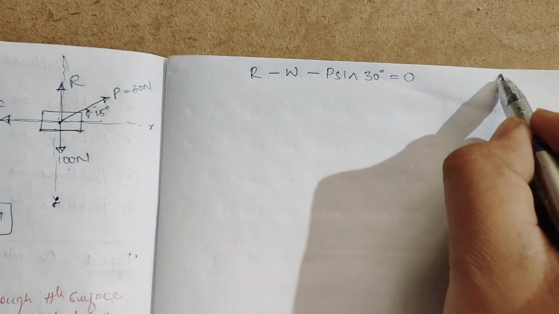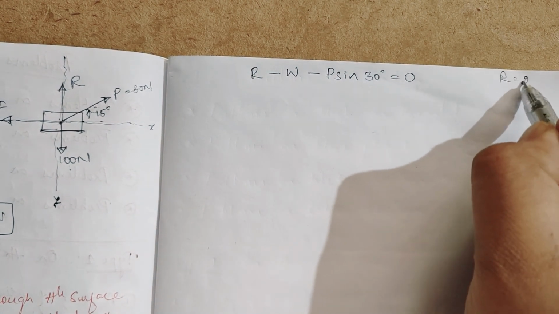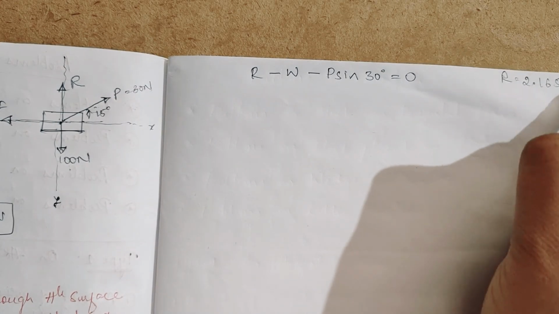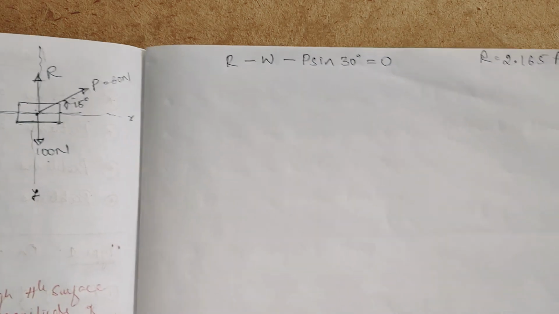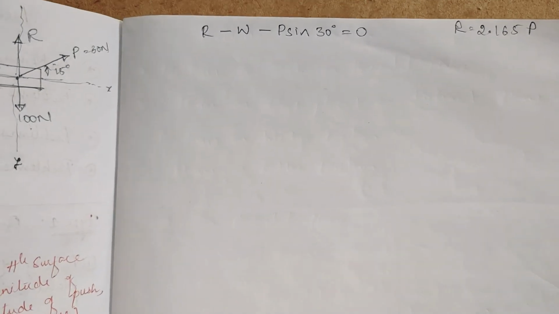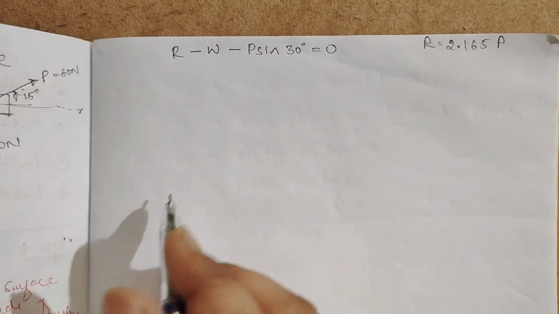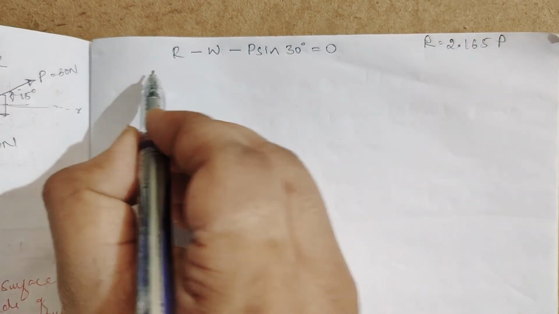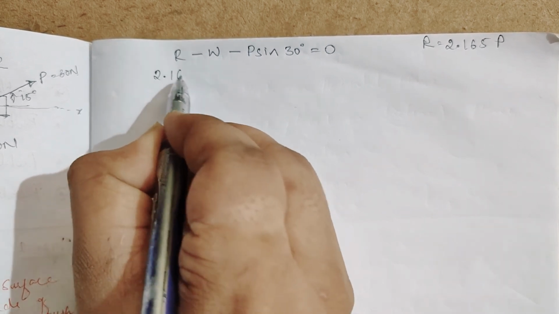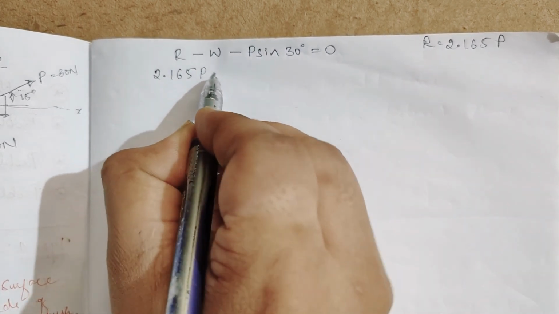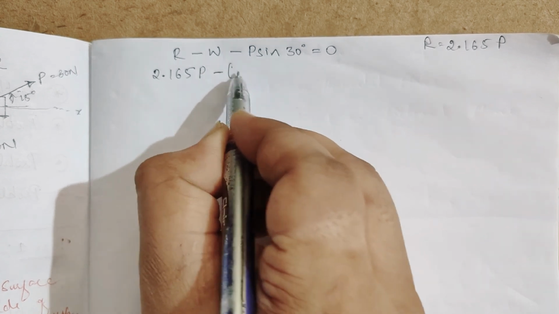What we got is R is equal to 2.165 P. Okay, now the R value, 2.165 P, minus this W, which is 5 kilonewton.